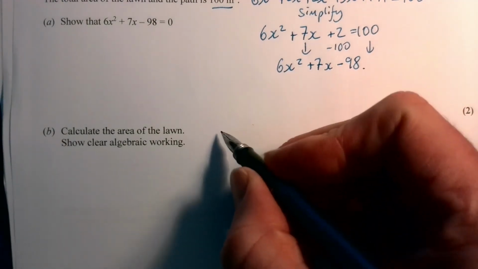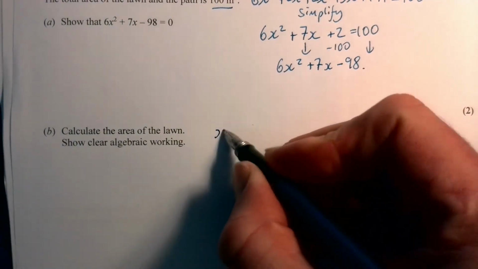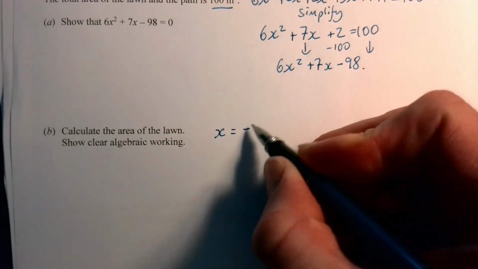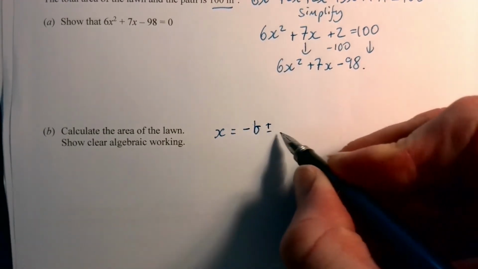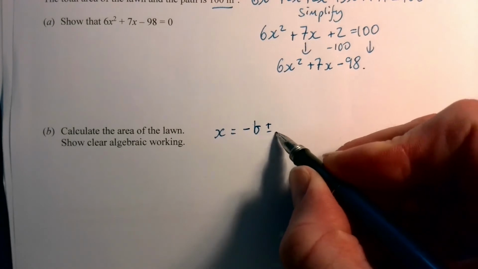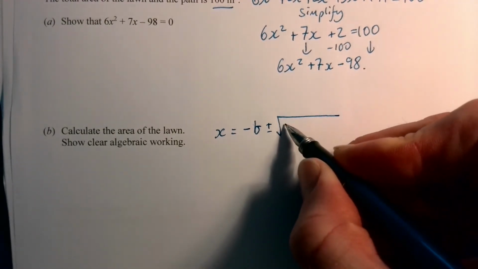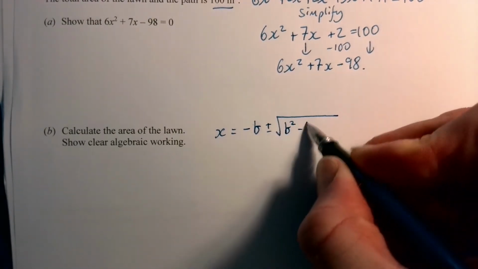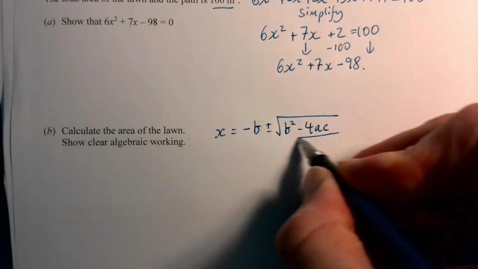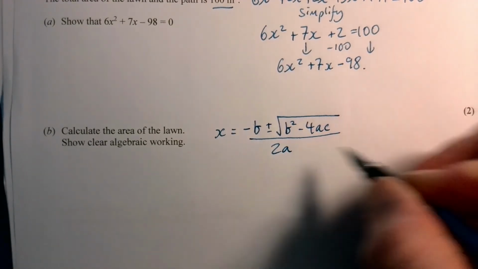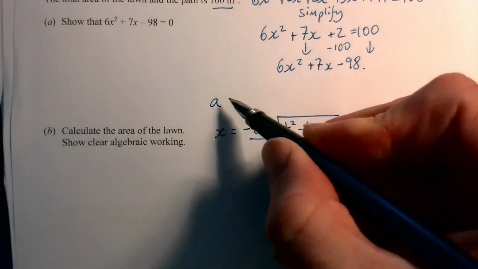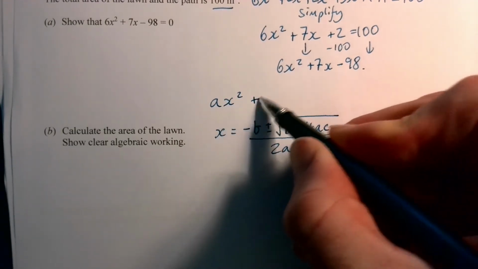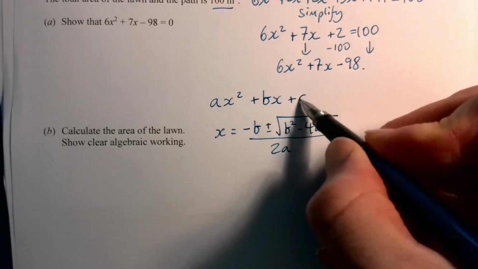So the quadratic formula being x equals negative b plus or minus the square root of b squared take 4ac all over 2a, and that's true if we're talking about ax squared plus bx plus c.